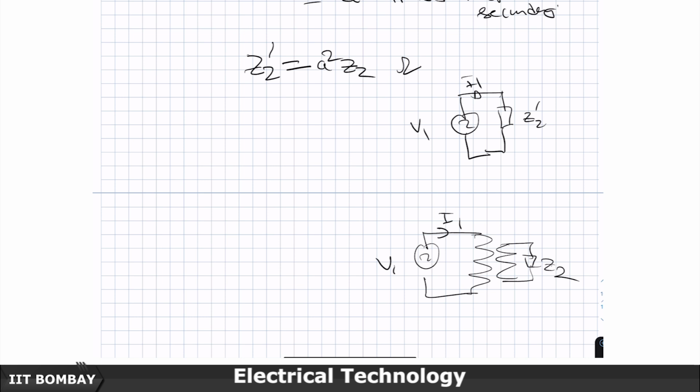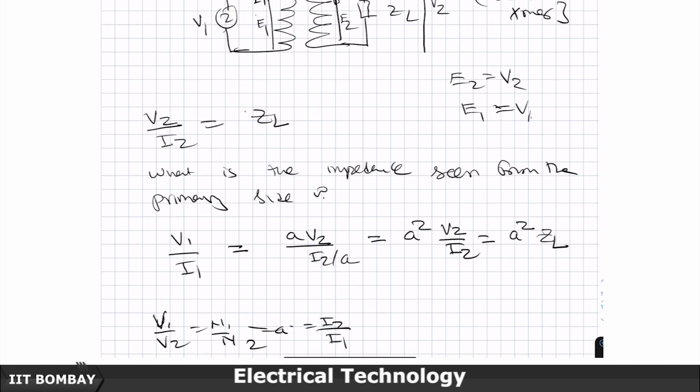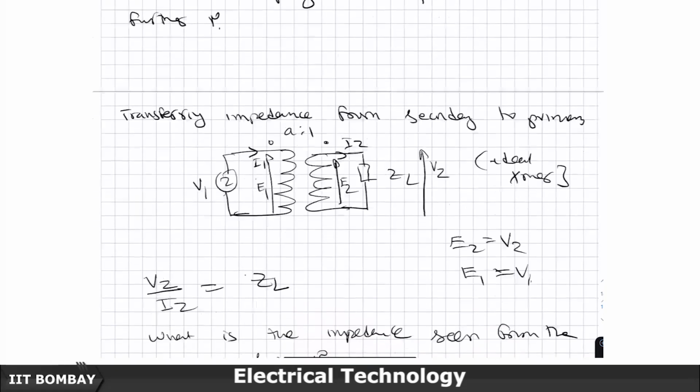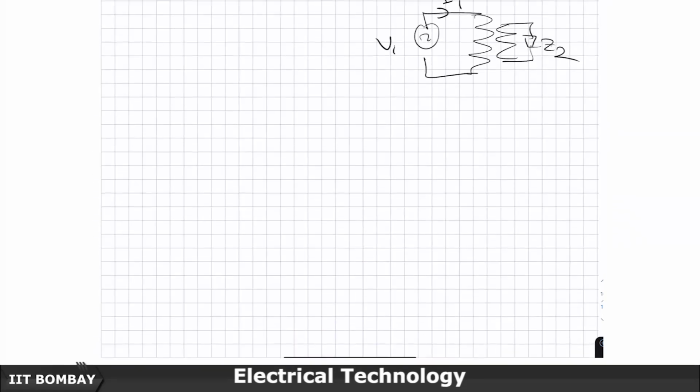Now, what I will do is I will call R2 dash to be equal to A square R2.